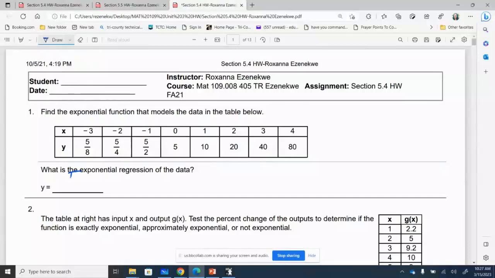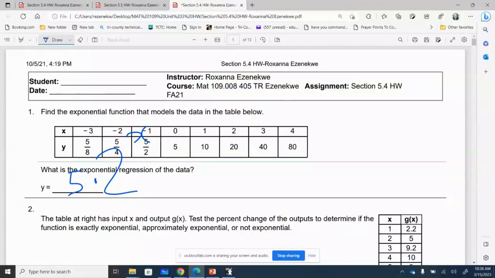is y equal to 5x. Okay, forgive me for that. This is not supposed to be x, so I need to clear that. It should be 5 times 2 to the power x.